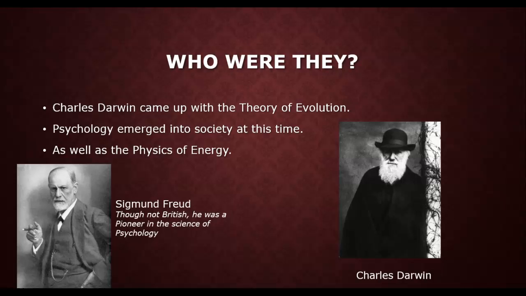So that brings us to two very important minds at the time. Who were they? Well, first we have Charles Darwin, who came up with the theory of evolution. And then we have Sigmund Freud. He is the father of psychology. It emerged into society at the time, as well as the physics of energy.